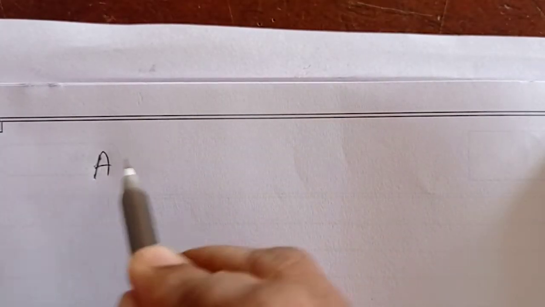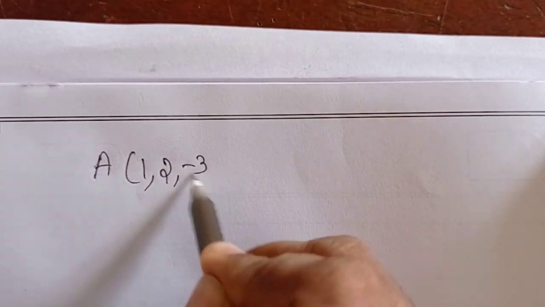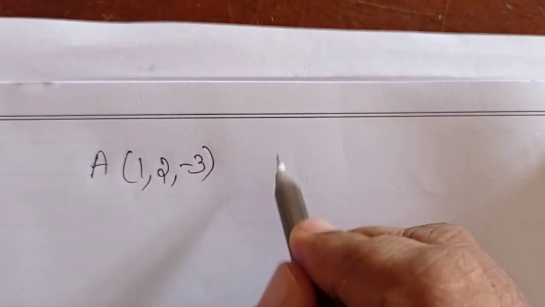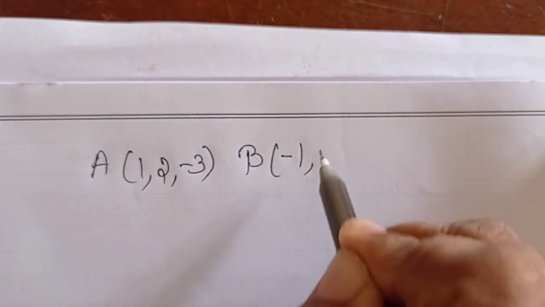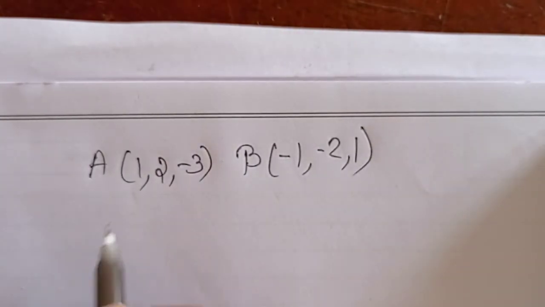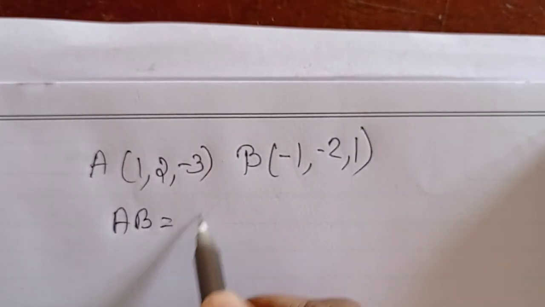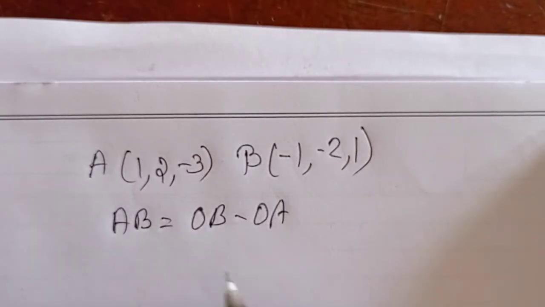What are the points? The points are 1, 2, minus 3, right? A is equal to (1, 2, minus 3) and B is equal to (minus 1, minus 2, 1). Therefore, AB is equal to OB minus OA.